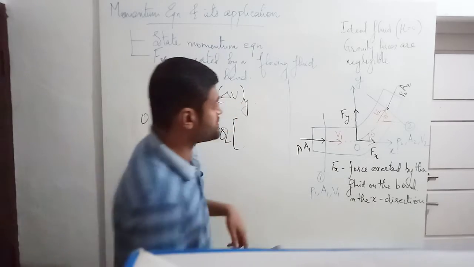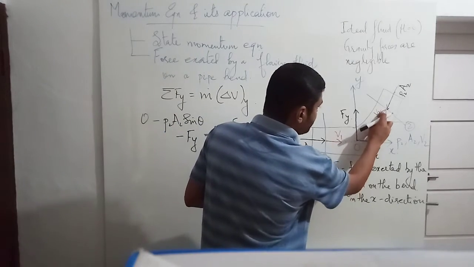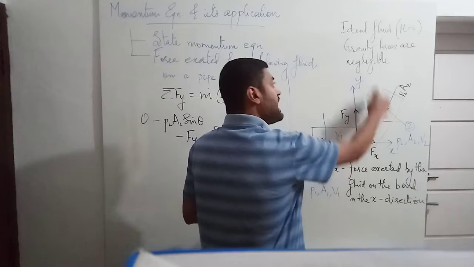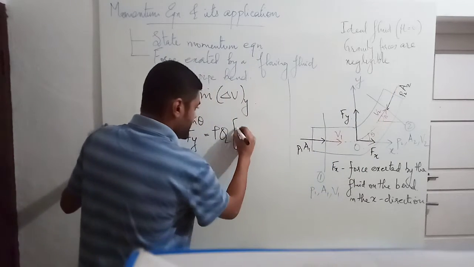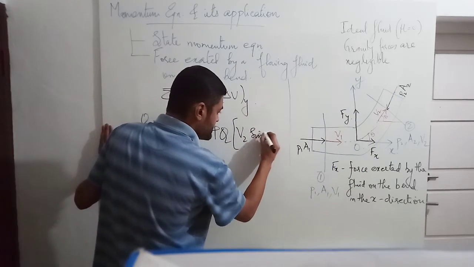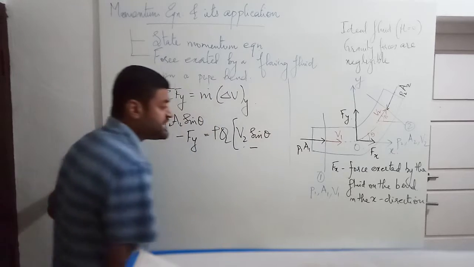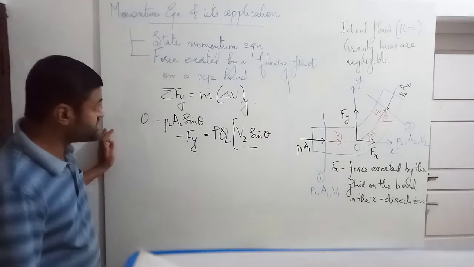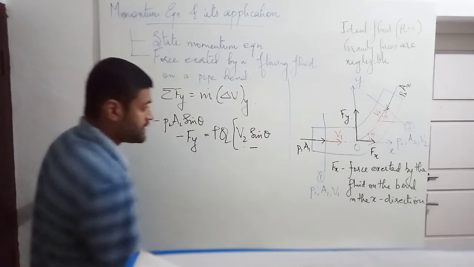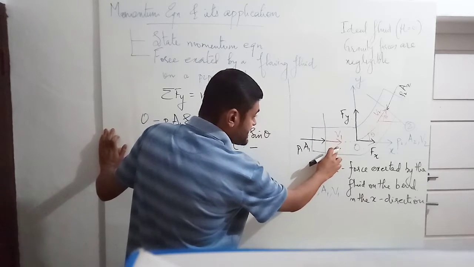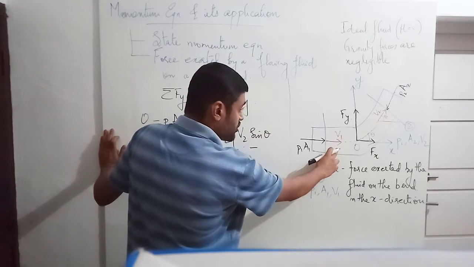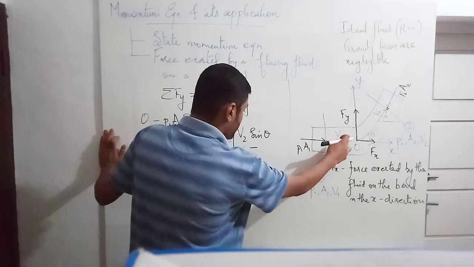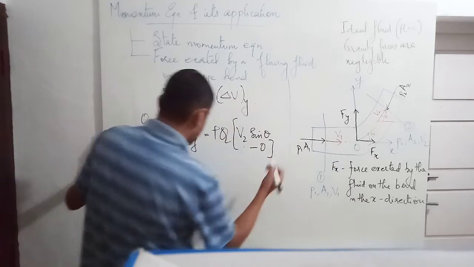Now the final velocity in the y direction is v2 sine theta acting upwards. So that is v2 sine theta minus the initial velocity in the y direction. Now at section 1, the velocity v1 is horizontal in nature, so the vertical component of velocity v1 is 0.